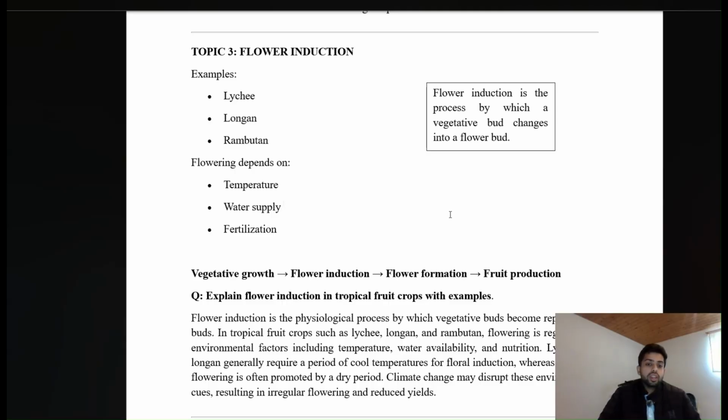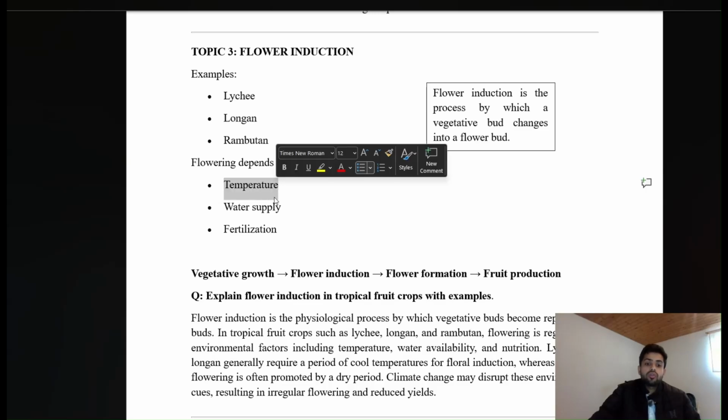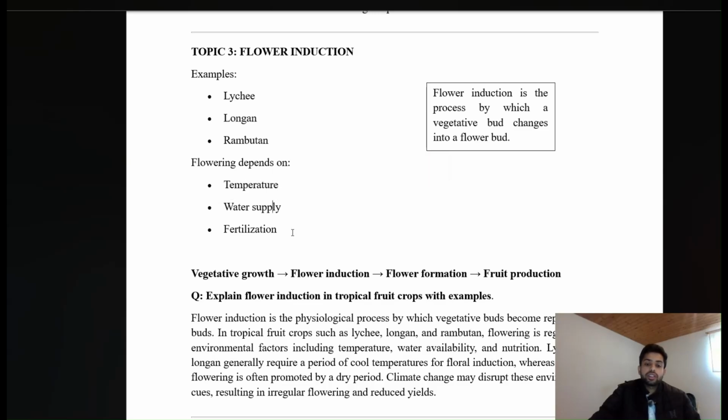It is most important because this topic will also come in the eighth topic, and there are some factors on which flower induction depends, like temperature, water supply, and fertilization. And there are some more, like day length and other factors, which I will tell later.